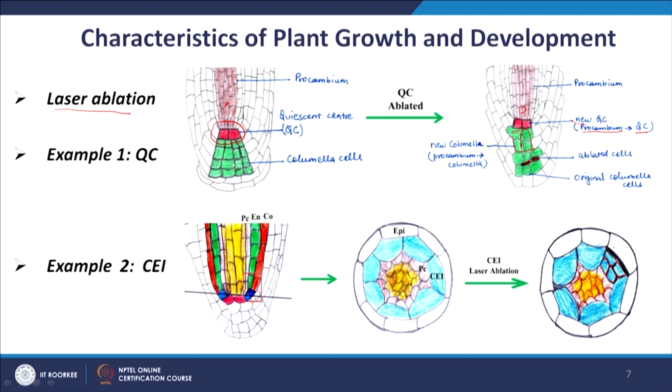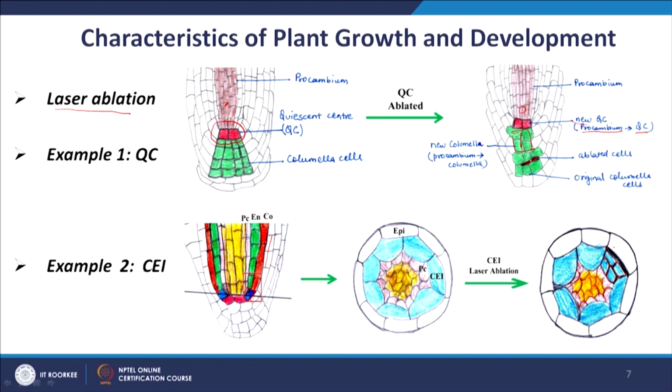Particularly, this initial cell will give rise to this cell layer. But there is one cell here, which is an initial because it is in direct contact with the QC, and this cell eventually gives rise to two layers. The layers of cortex and endodermis originate from a single initial.